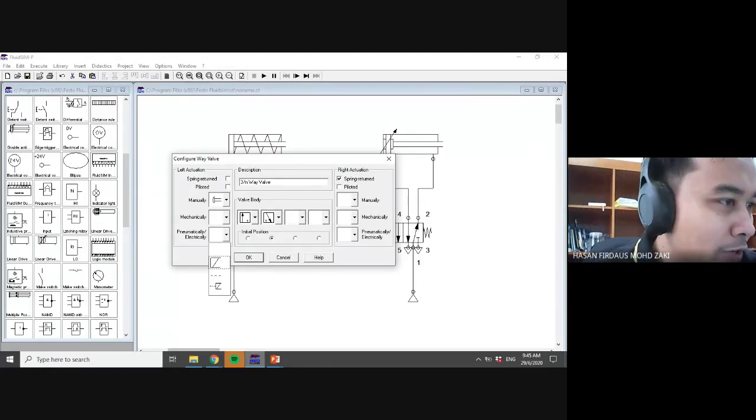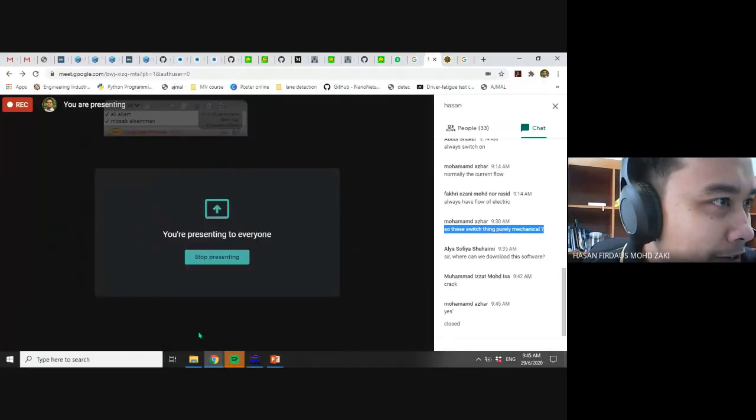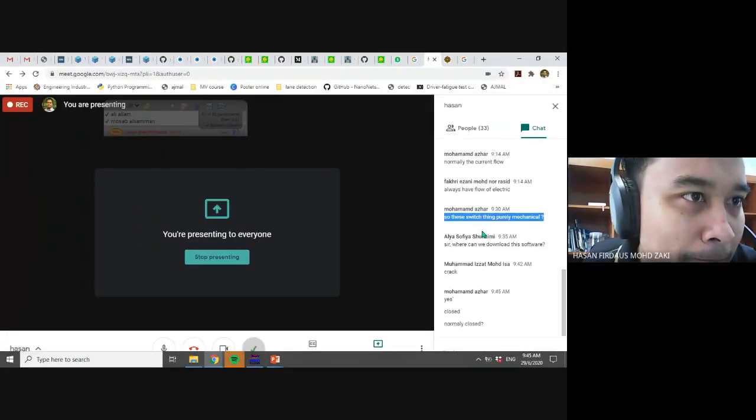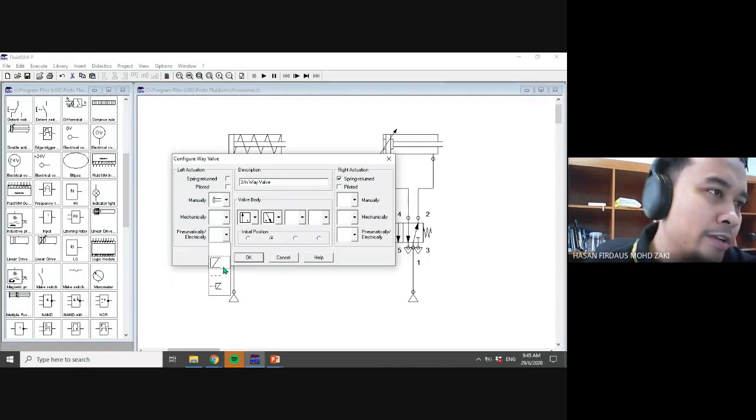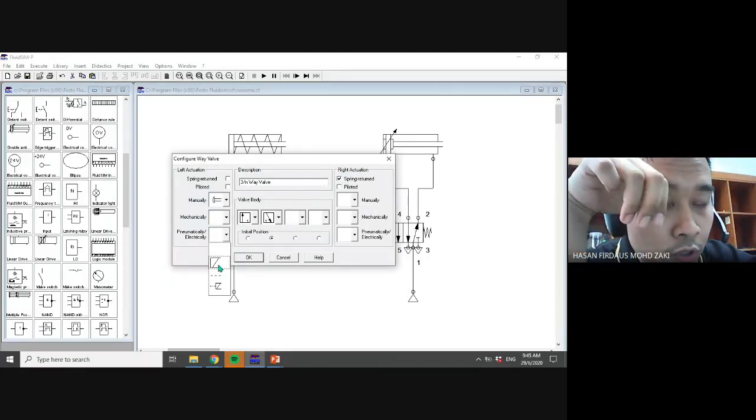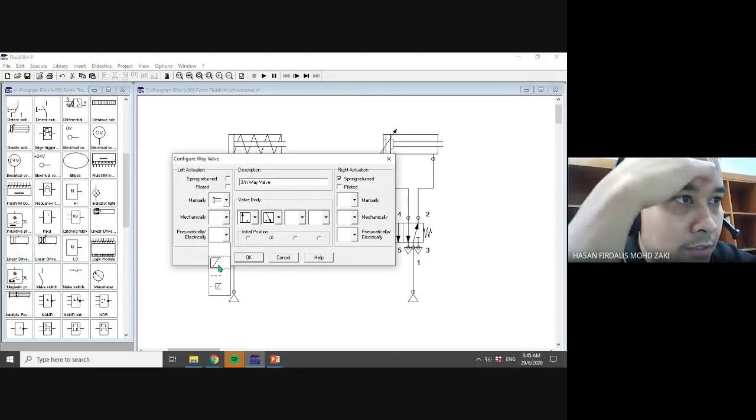Muhammad Azhar, you are not here? Close, normally close. So this one is the solenoid. We will go into more detail in our later session, inshallah.